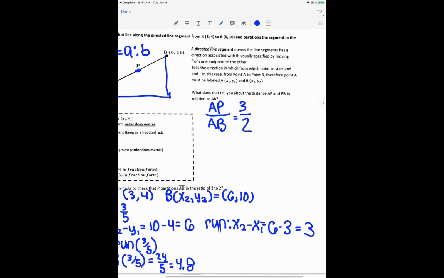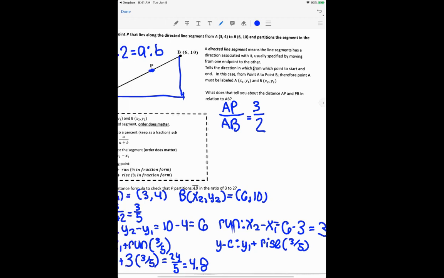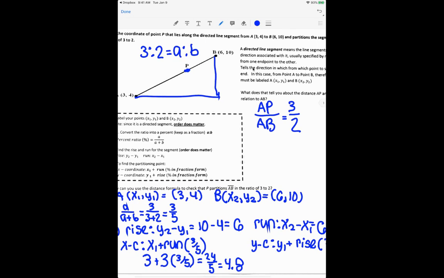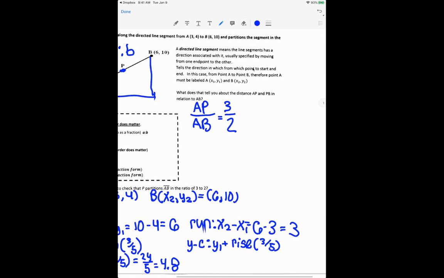Okay, then we're going to find our y coordinate. So our y coordinate is y1 plus our rise times 3/5. So I'm going to make sure I use the right number this time. So our y1 we can get back from step 1, it's 4, plus our rise, which is 6, times 3/5.